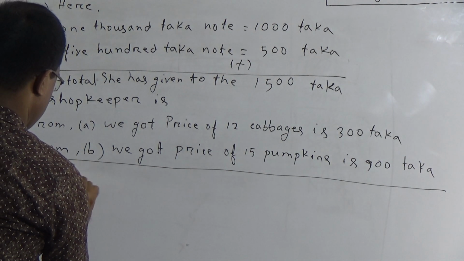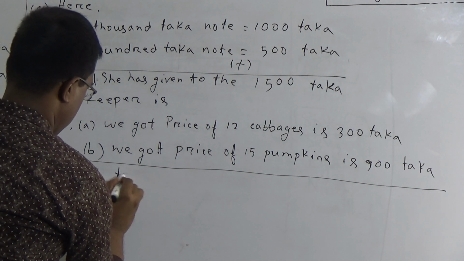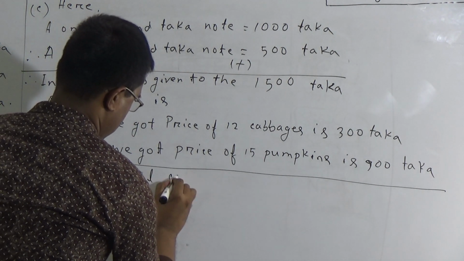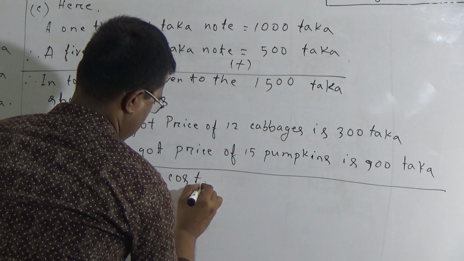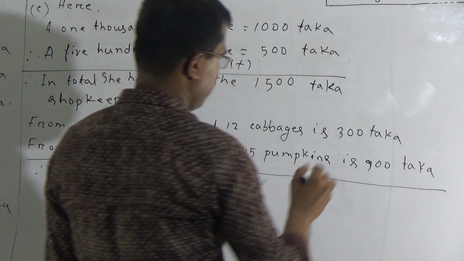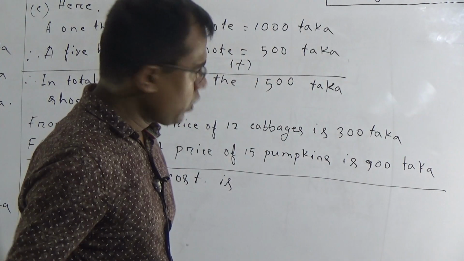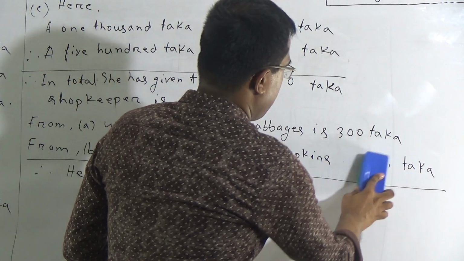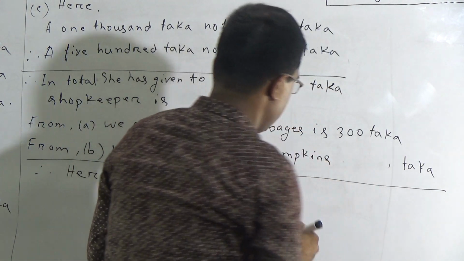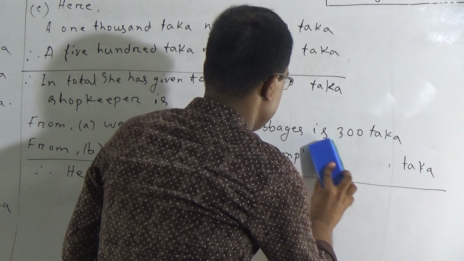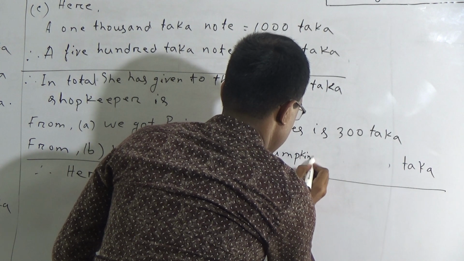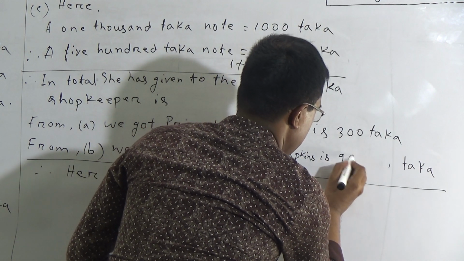Therefore, her total cost is, we have to write 900 under 300. 900, that means pumpkins is 900 taka.